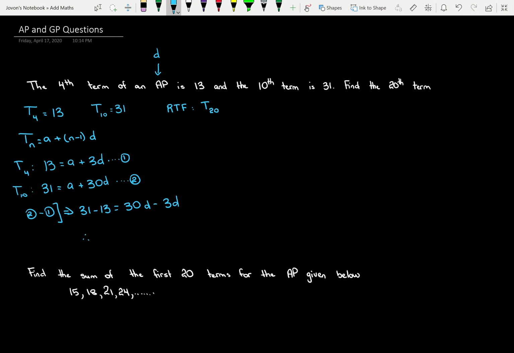So therefore, and three dots means therefore, okay, 18 is equal to 6d. Therefore, d is equal to 18 divided by 6, which simplifies to 3.